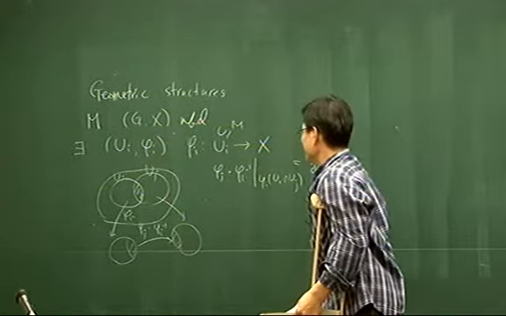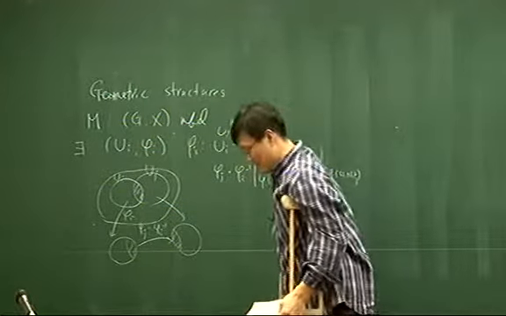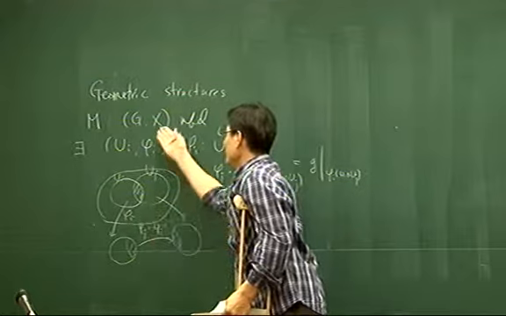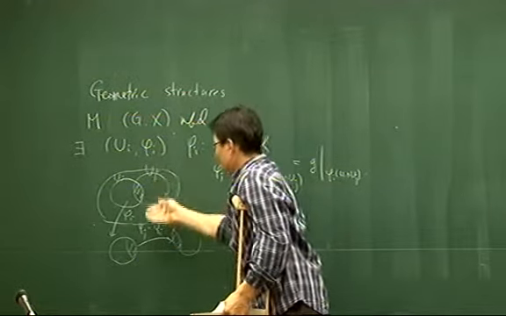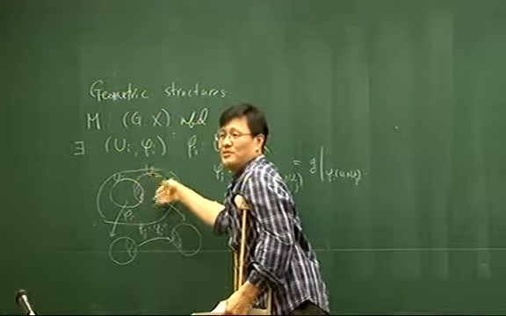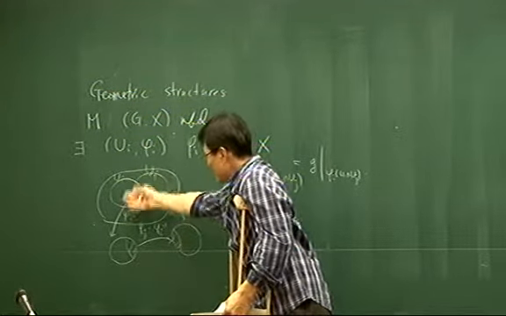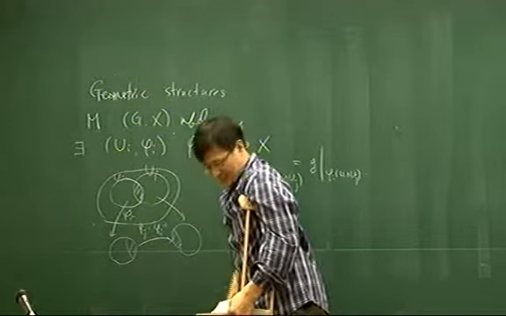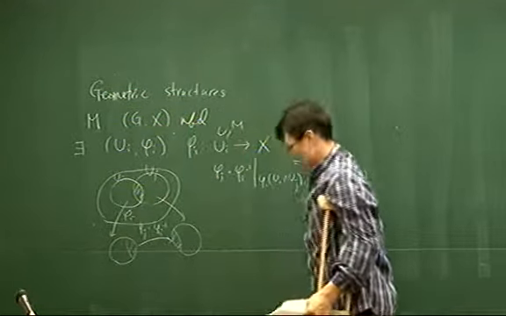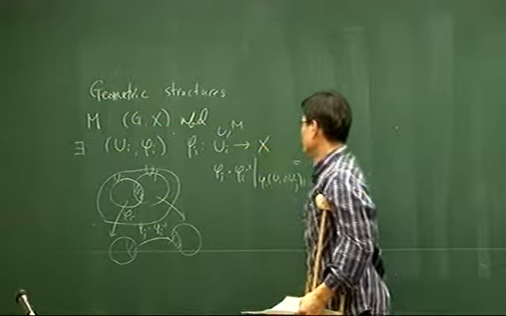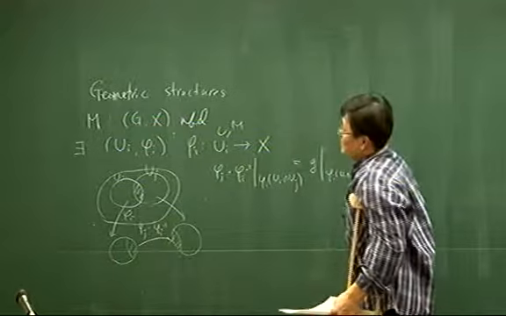So G is some group or groupoid, and you have a model manifold X. And you can cover the manifold by the union of these open sets, and each open set has a copy in the model manifold, and transition functions are required to belong to an element in G.